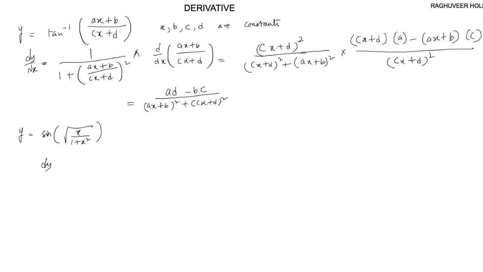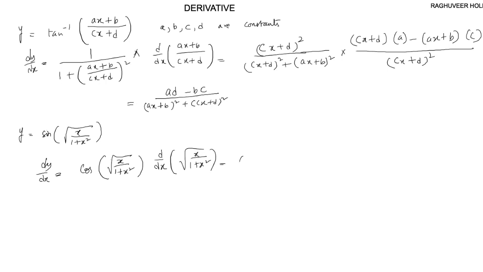So dy by dx would be, sine becomes cos, and this will be square root of x by 1 plus x square, right? And d by dx of square root of x by 1 plus x square.